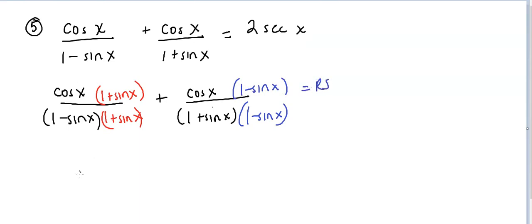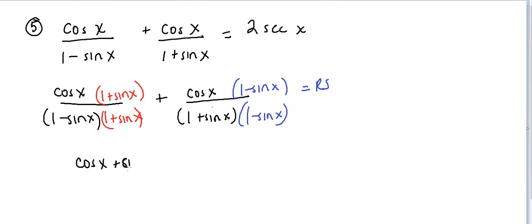Okay, so what do we have here? We have cosine of x. Okay, so earlier I said to leave it in factored form, but not when you have to add. Okay, so I'm going to simplify here.